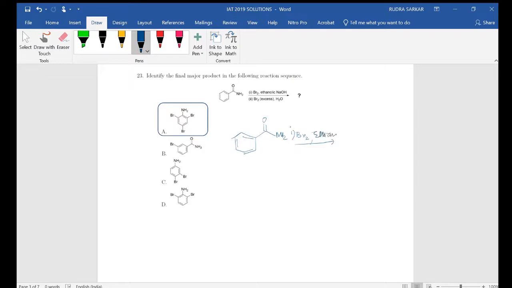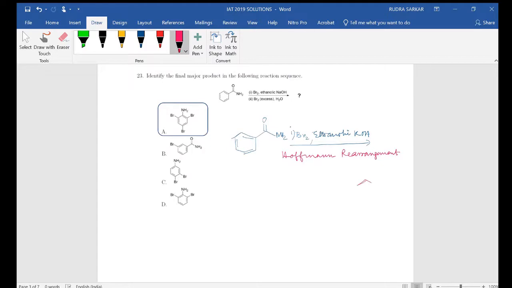It says ethanolic KOH, that means KOH is dissolved in ethanol. This is undergoing basically Hofmann rearrangement.